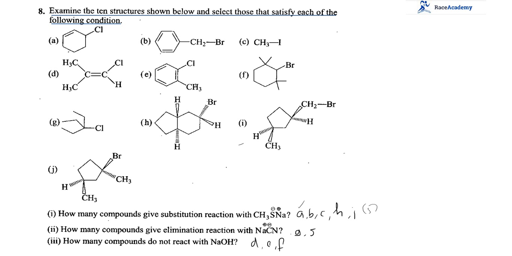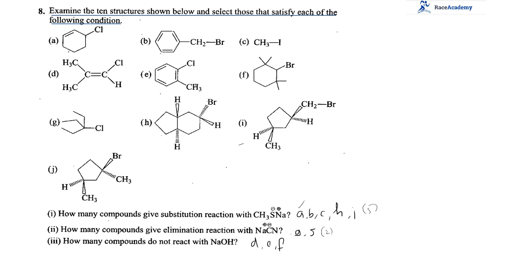This is an elimination reaction. Internal double bonds are possible. If you take J, here also internal double bonds are possible. So there are 2 compounds which will undergo elimination reaction.